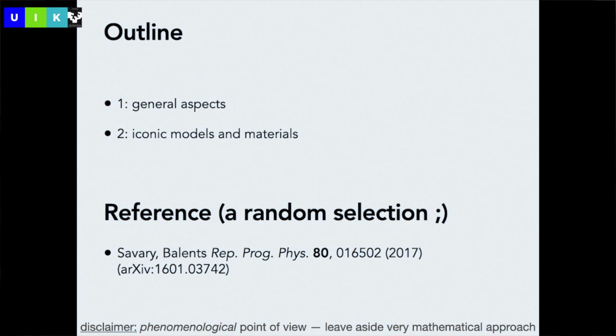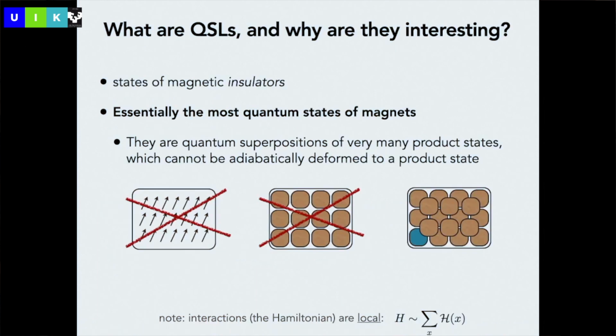So the first question, talking about quantum spin liquids, is what are they and why should we be interested? So what I want to start by saying is that there are states of magnetic insulators. So here there are no electrons. I mean, you could imagine eventually cooking up something where you also couple your quantum spin liquid to electrons, but it's not necessary.